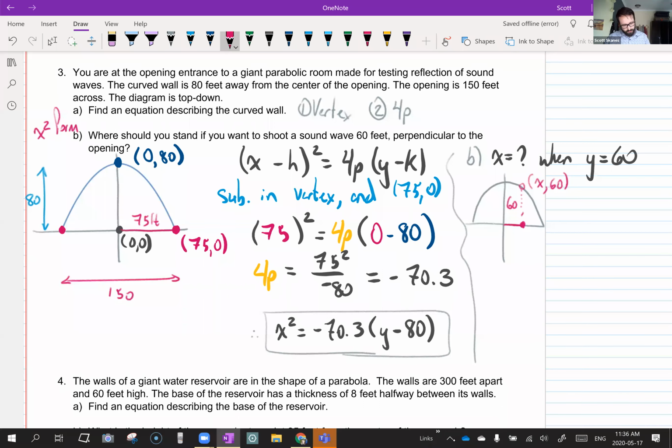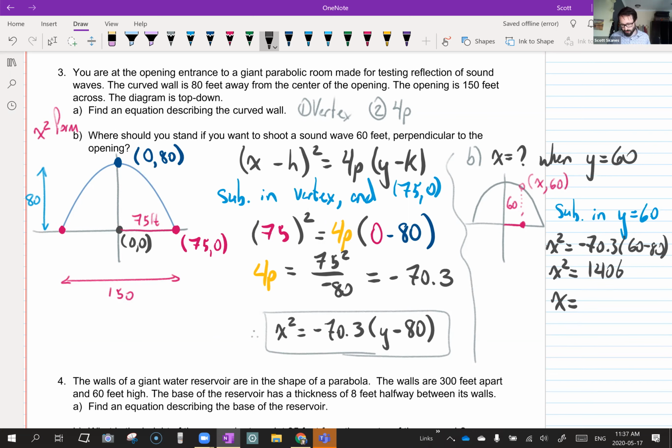Okay, all you need to do is substitute in that point. So substitute in y equals 60 into your equation. So x squared equals negative 70.3 times (60 minus 80). That means x squared is negative 70.3 times negative 20, which is 1406.